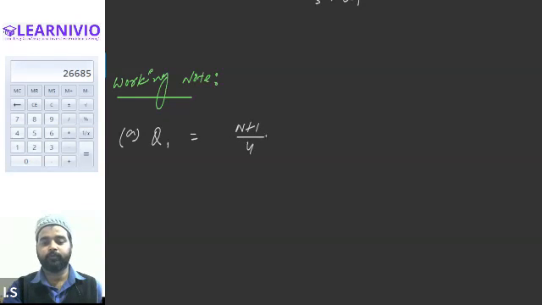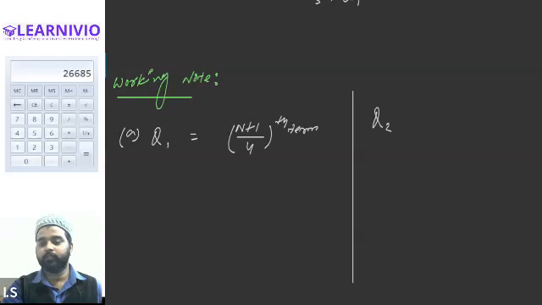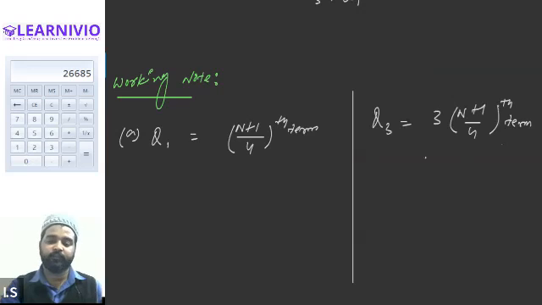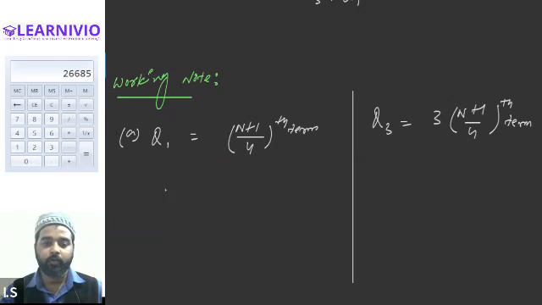And for calculating Q3 the formula is slightly different: 3 times (n plus 1) by 4. Both formulas are pretty similar, the only difference is that we have 3 here and only 1 here.